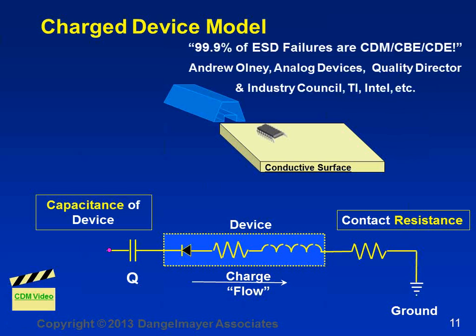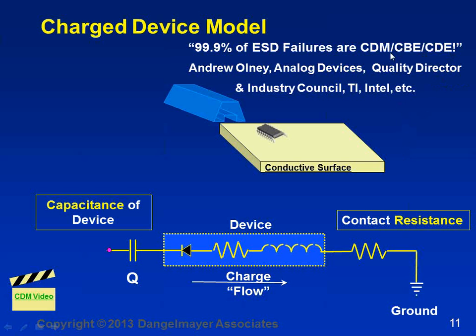Andrew Olney, the quality director of ADI, the Industry Council, Texas Instruments, Intel, and many other sources all indicate that 99.9% of the ESD failures today are CDM in nature and can also be occurring via the charge board event or the cable discharge event.